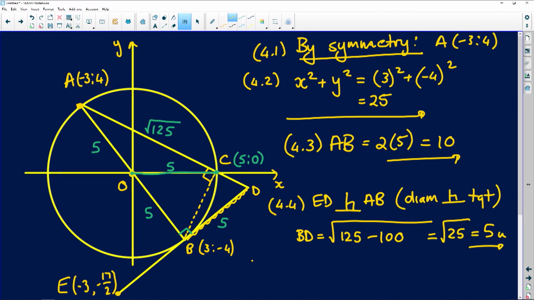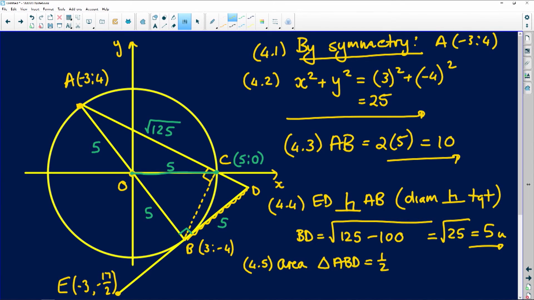Let me just remind you, to find the area of the triangle, you either have the area rule if there's not a right angle in there, or you have your rule that you learned from primary school days, half base times height, if there's a right angle, and that's the case here. For 4.5, which weighs in at 3 marks, the area of triangle ABD is half base.